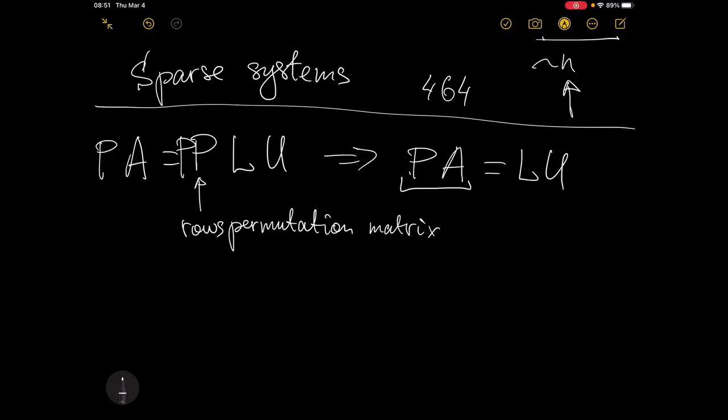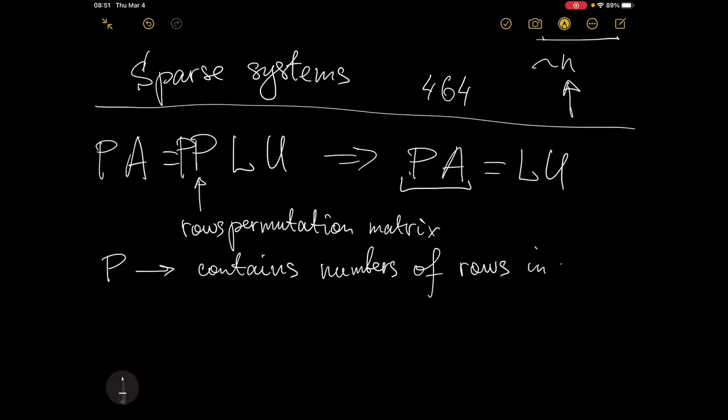So as a result, P just contains numbers of rows in some order.